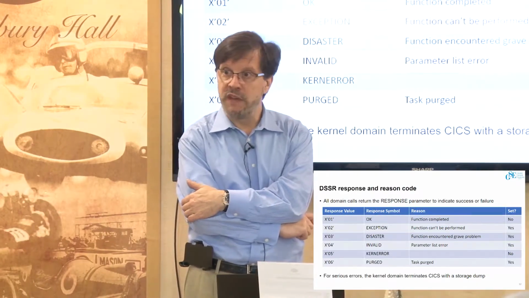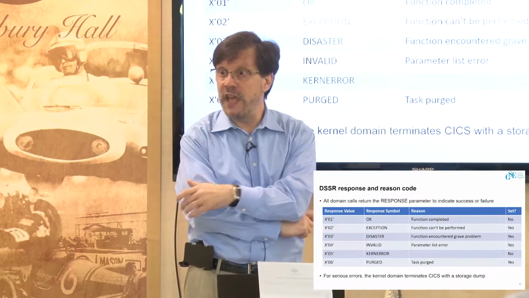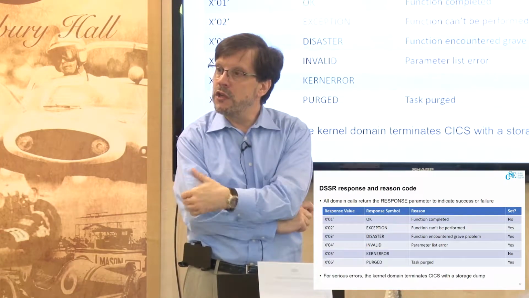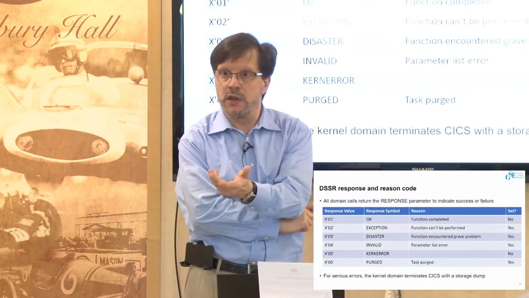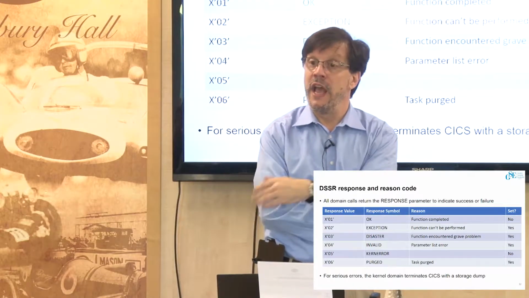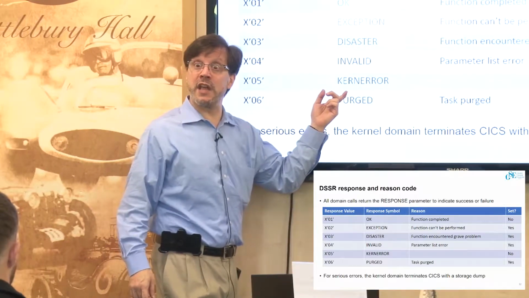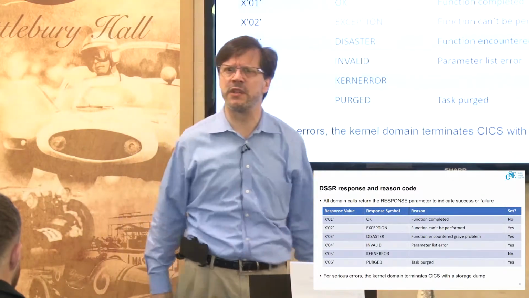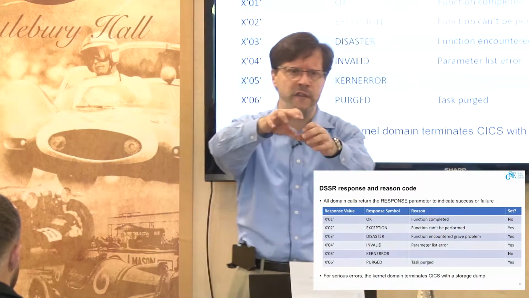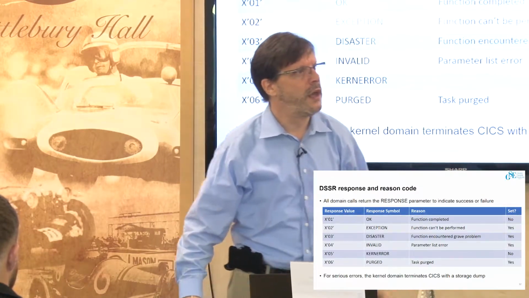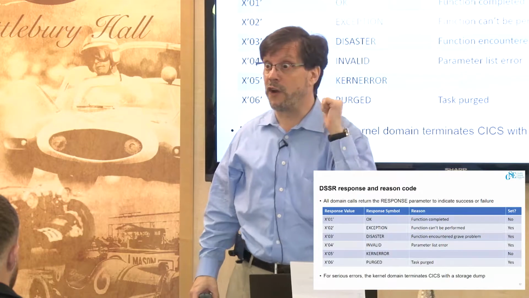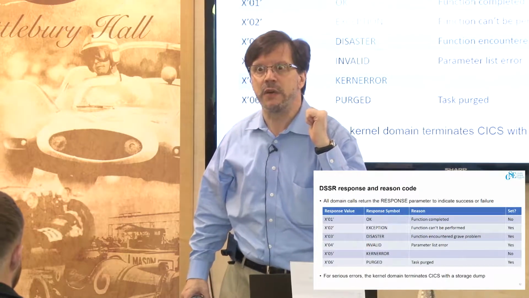No. You have to bring up the region with that function. Then you can make it no or yes. So there are things that you can do within CICS that don't allow the function to be created. If that's the case, and you try and run the function, the program's not there, it gets a kernel error. That's not a serious error. It handles it under the covers and says function not available. There are other things that if a kernel error came back, it would be a serious error.